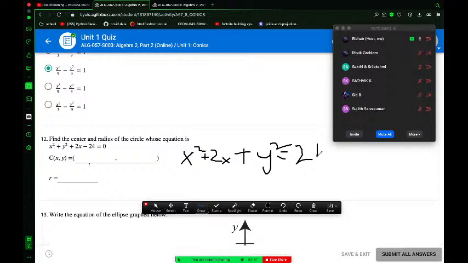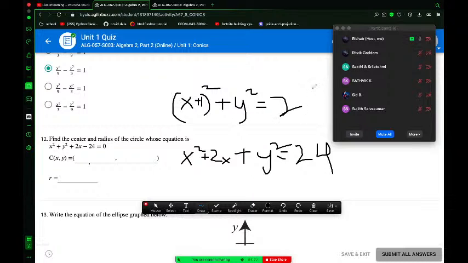So this is equal to 24. And we have to add 1 to both sides to complete this square. And so this becomes x plus 1 squared plus y squared is equal to 25.